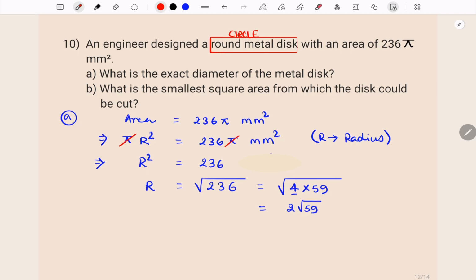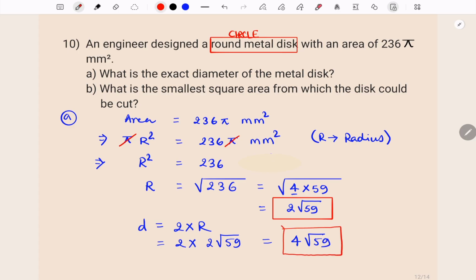So 2 root 59 is the radius of the metal disc. But we need to find the diameter, right? We know that diameter of a circle is 2 times the radius, right? So 2 multiplied by 2 root 59 is 4 root 59. So 4 root 59 is the final answer of this question.